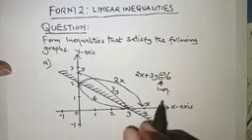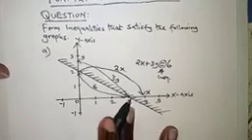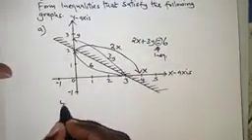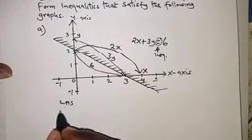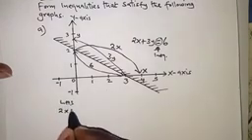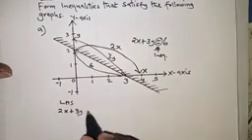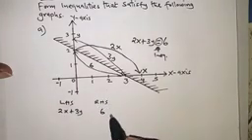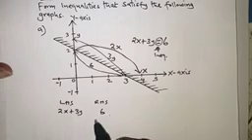On the left hand side we have 2x plus 3y, and on the right hand side we have 6. So we want to do a comparison here.